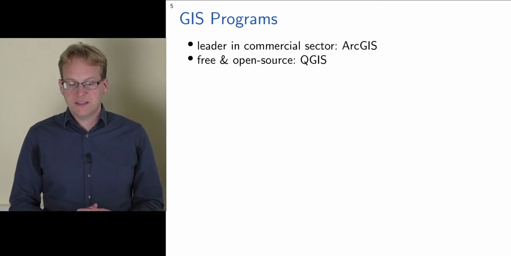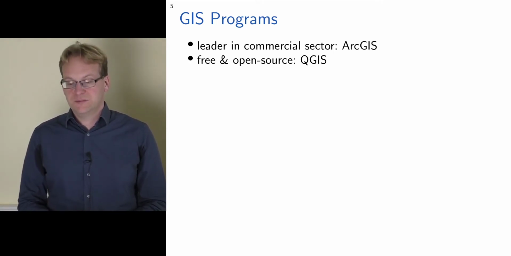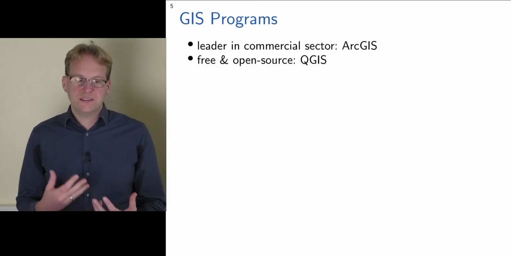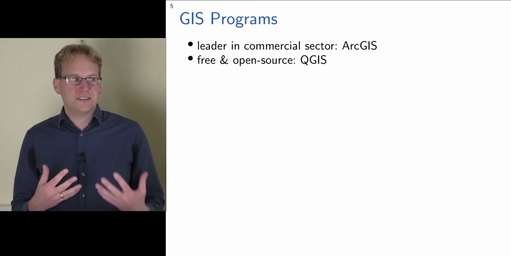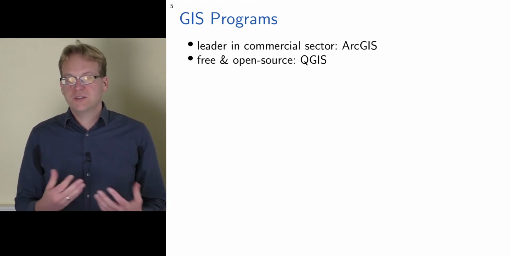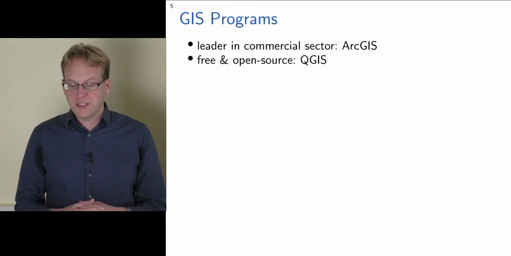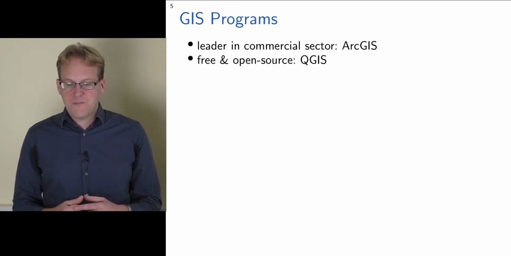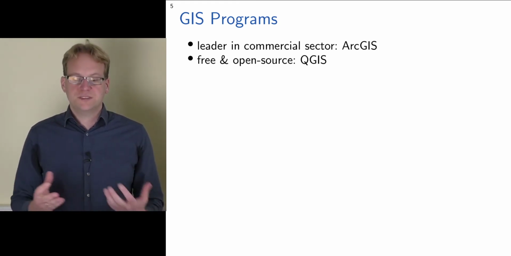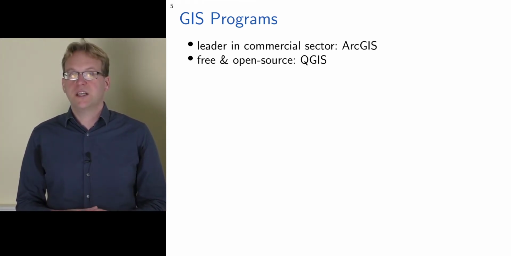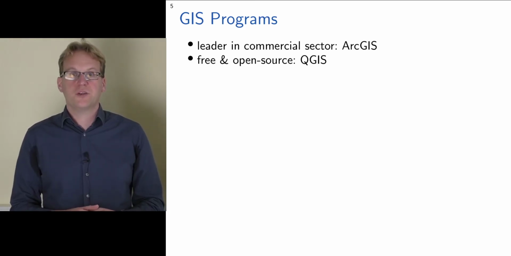It started with an active community of enthusiasts who wanted to develop their own software to be used by everyone. And nowadays even public offices and companies use this free and open source software quite a lot.